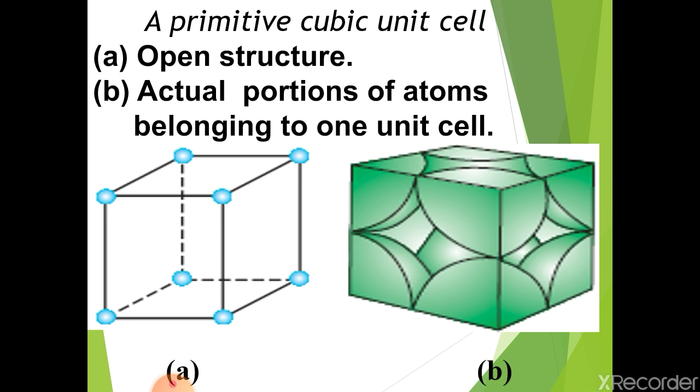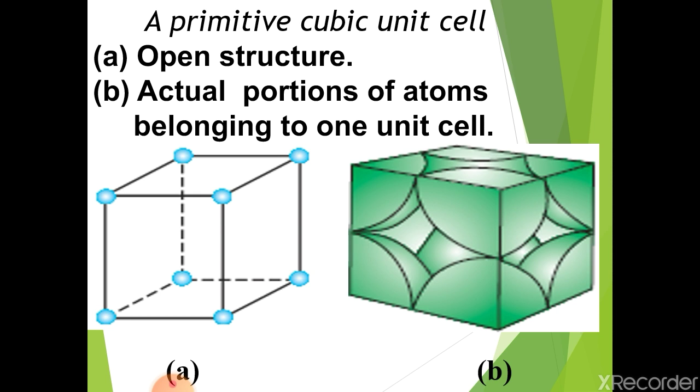Now look at the diagram of primitive cubic unit cell. Here two diagrams are shown to you: one open structure, second actual portion of atoms belonging to one unit cell. In open structure, the blue dots show one constituent particle each.